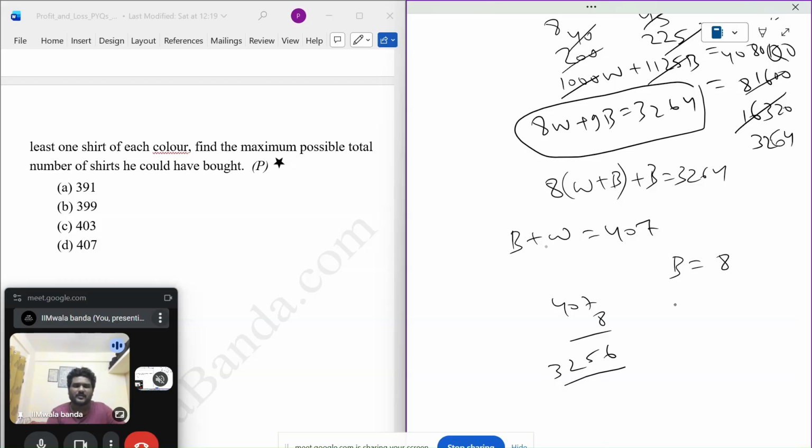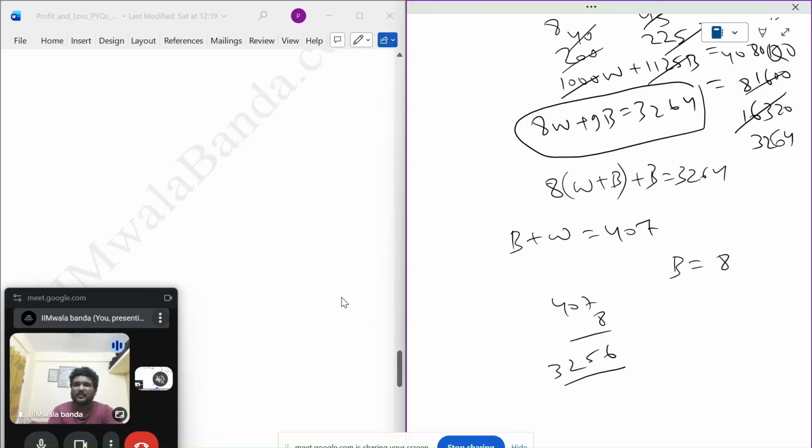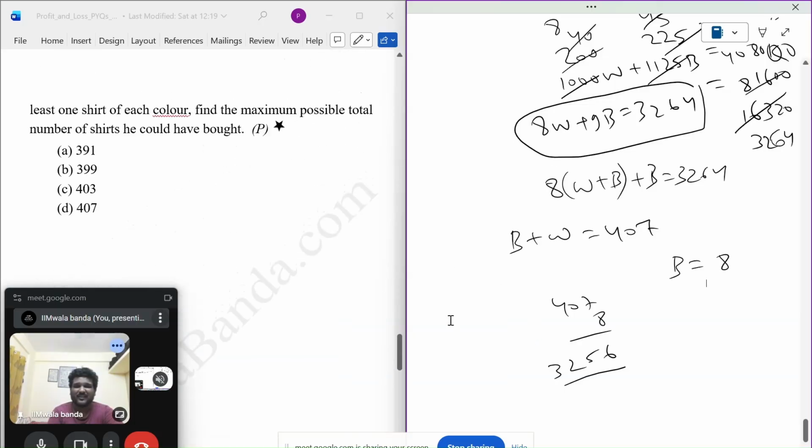Yeah, that is also possible, right? B can be 8. At least one shirt of each. Answer should be D, no? Yeah, because 407 is possible. So answer is D.